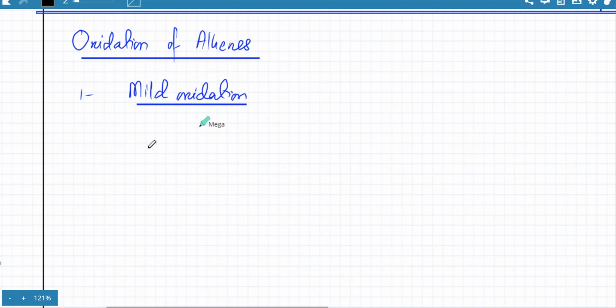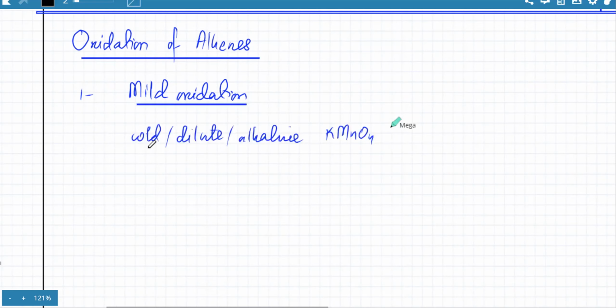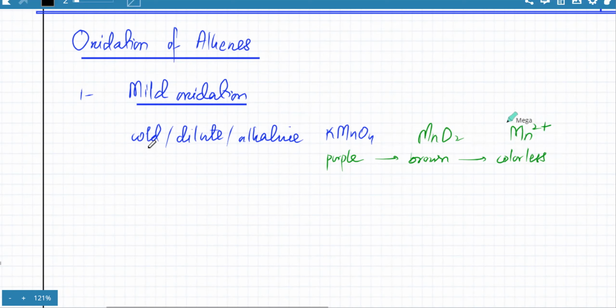Now, all three are considered mild conditions: cold, dilute, and alkaline KMnO4. Remember, KMnO4 is that purple colored substance, and it gets reduced to brown and then colorless. This brown thing is usually MnO2, and the colorless thing is Mn2 plus. So that's usually the reaction sequence, the KMnO4 getting reduced.